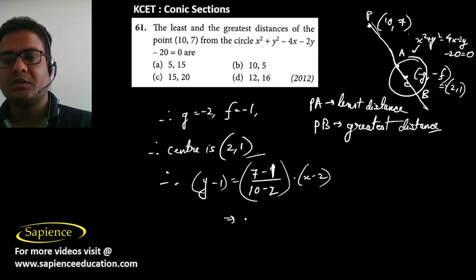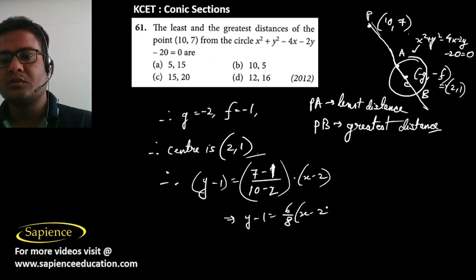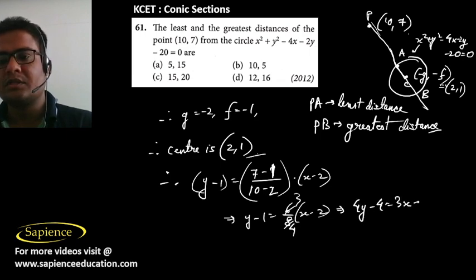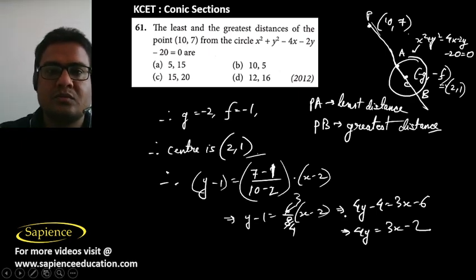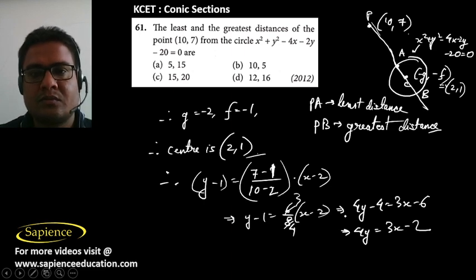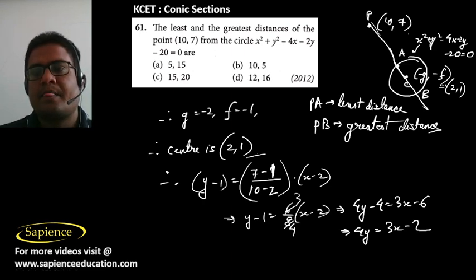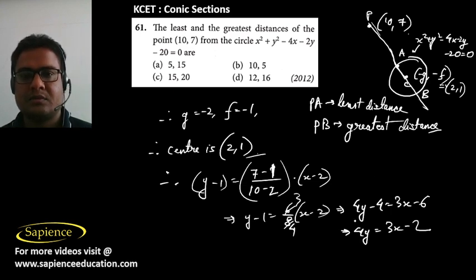So this will be y minus 1 equal to 6 by 8 into x minus 2, which is 3 by 4. So 4y minus 4 will be equal to 3x minus 6, so 4y will be equal to 3x minus 2. So we can find the 2 points where this line will intersect.